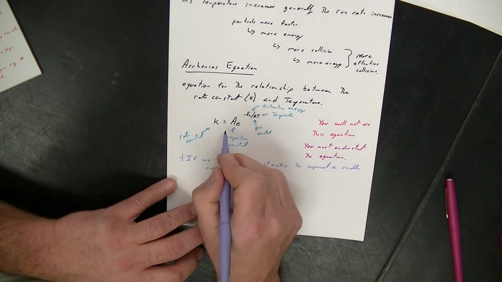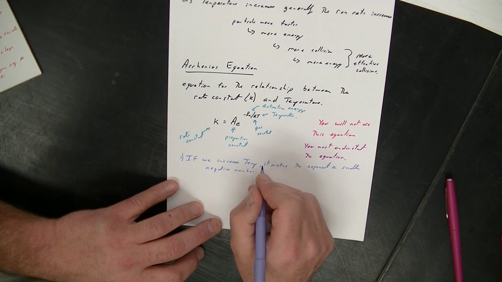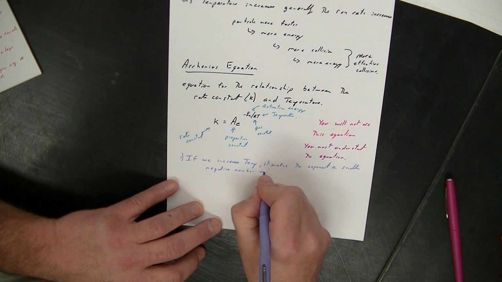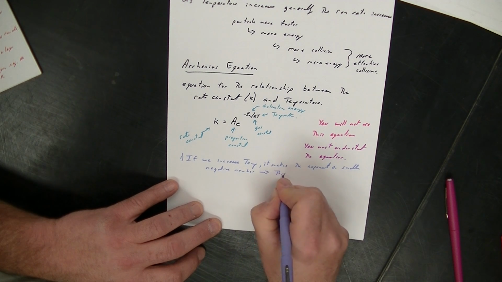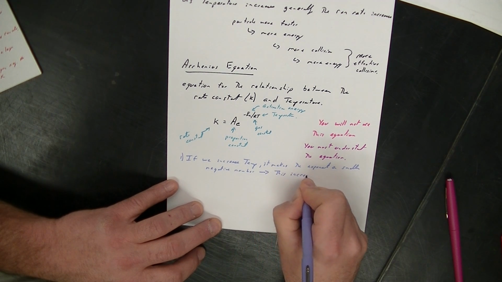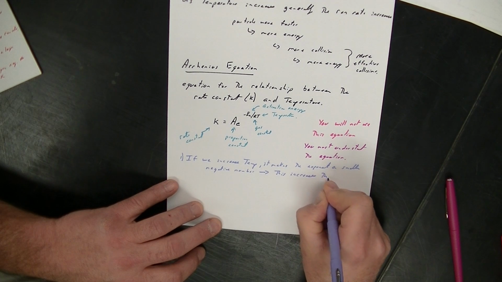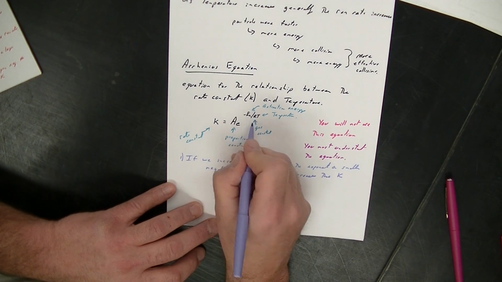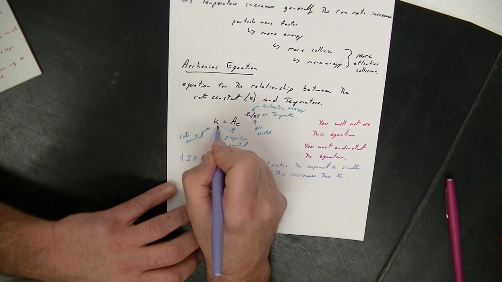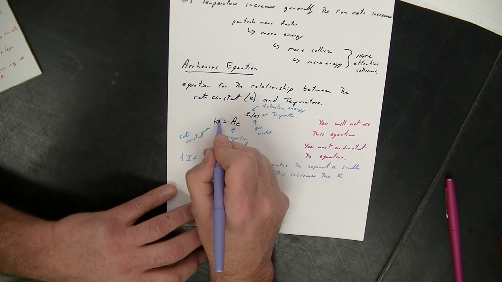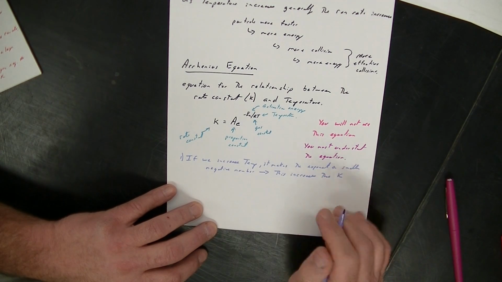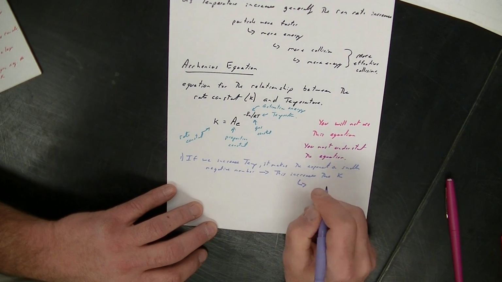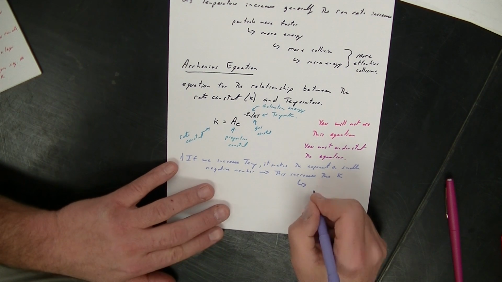What that does is it increases the K. If this is getting smaller and smaller, that means this has to be getting bigger and bigger. So if our constant is getting bigger, it's going to increase our reaction rate.